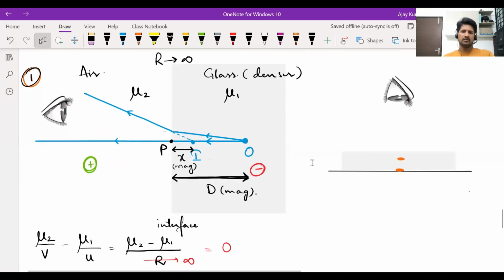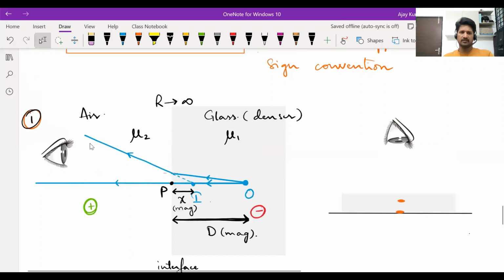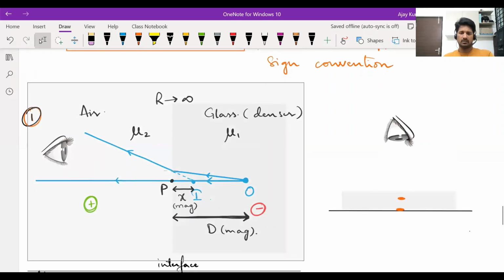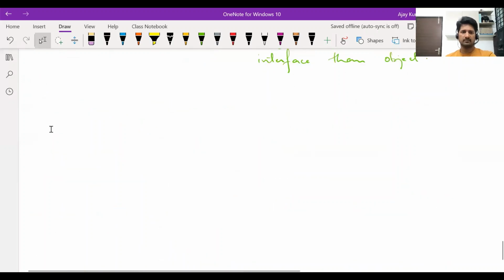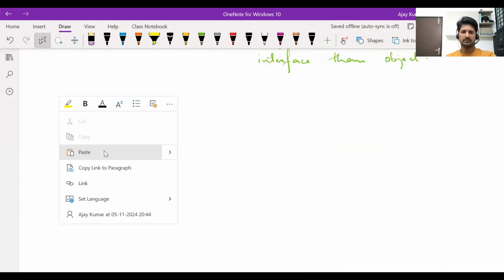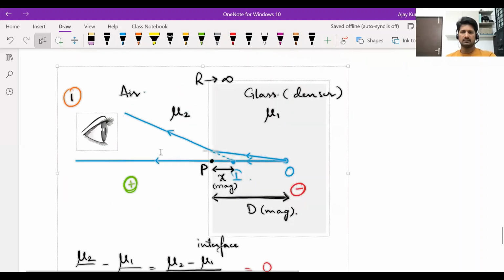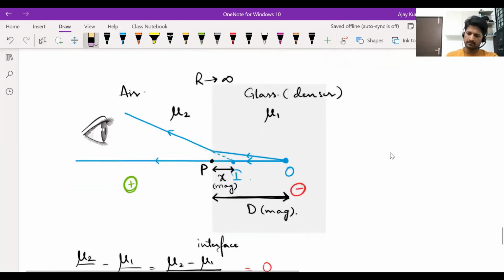And you all must have heard of something called apparent depth. The apparent depth formula is also derived based on this itself. We can just rearrange this diagram, rotate this diagram, and get the formula for apparent depth. Let's say there is a flat refracting surface like this.